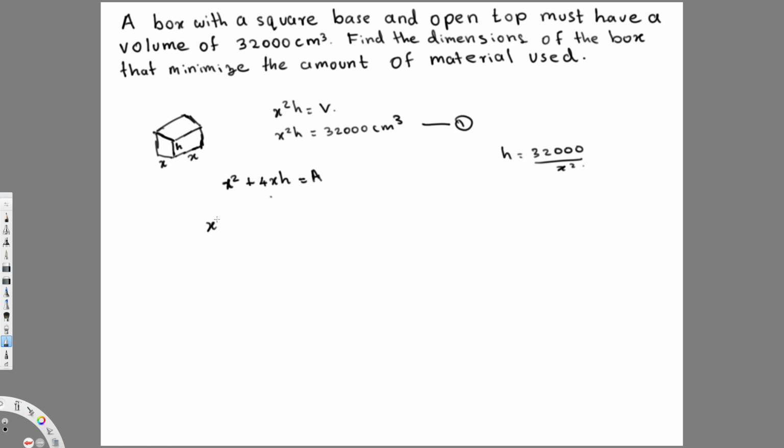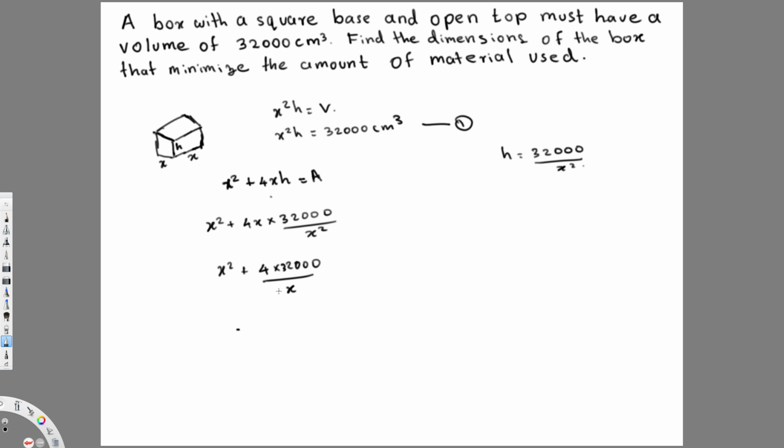So it's going to be x square plus 4 times x times 32,000 over x square. From this, the x cancels. So it's going to be x square plus 4 times 32,000 over x.